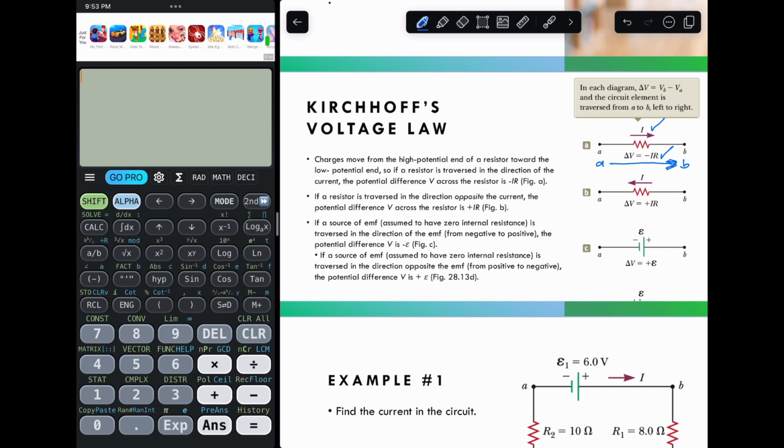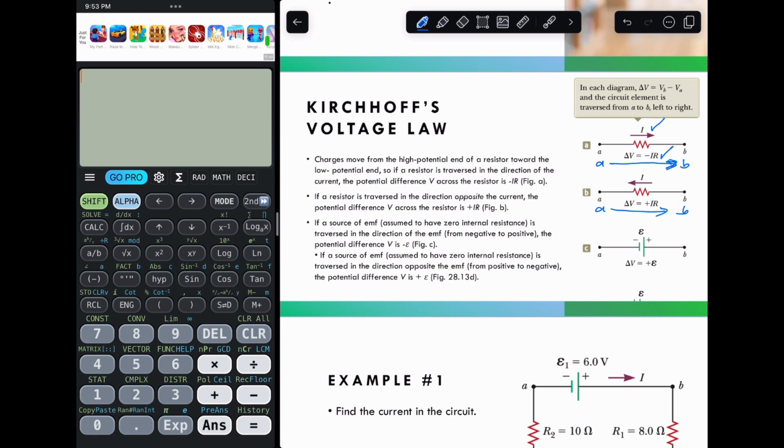However, if the current is going to the left and I'm still finding the voltage drop from A to B, as you can see here, from A to B is going to the right while the current is going to the left. If the direction is opposite, then that is considered a positive voltage drop. And then for a given source, an electromotive source, we have to take note of the sign.